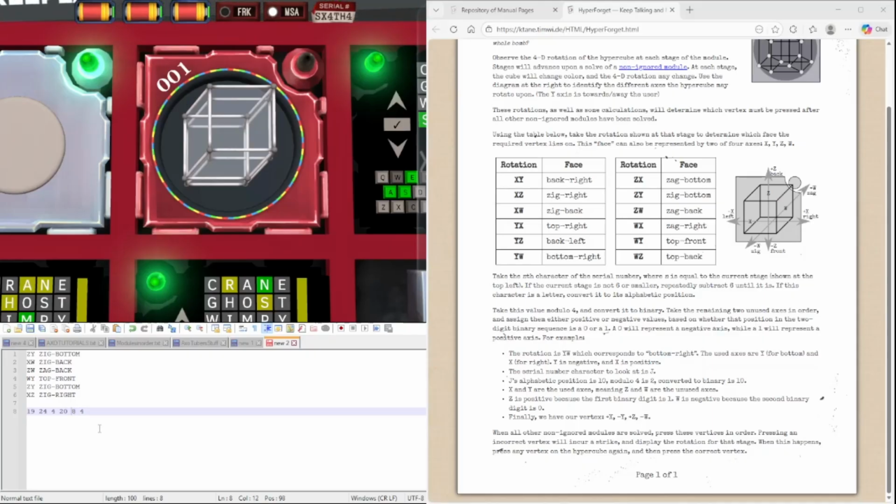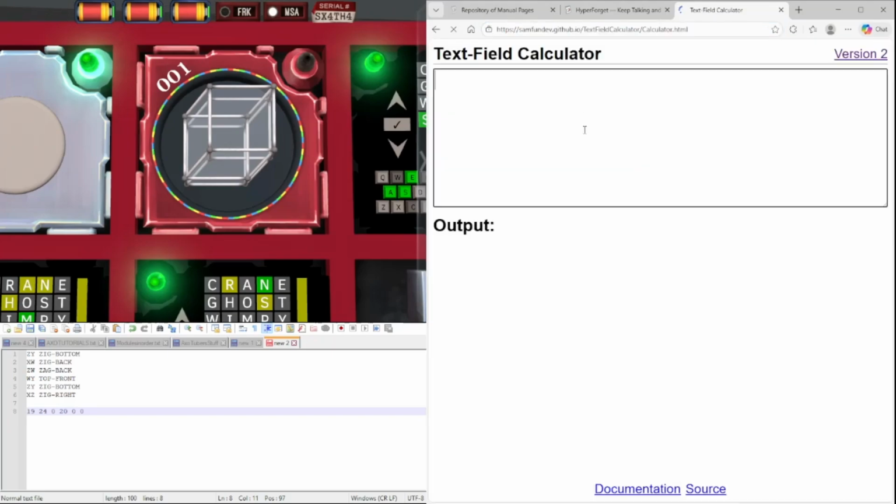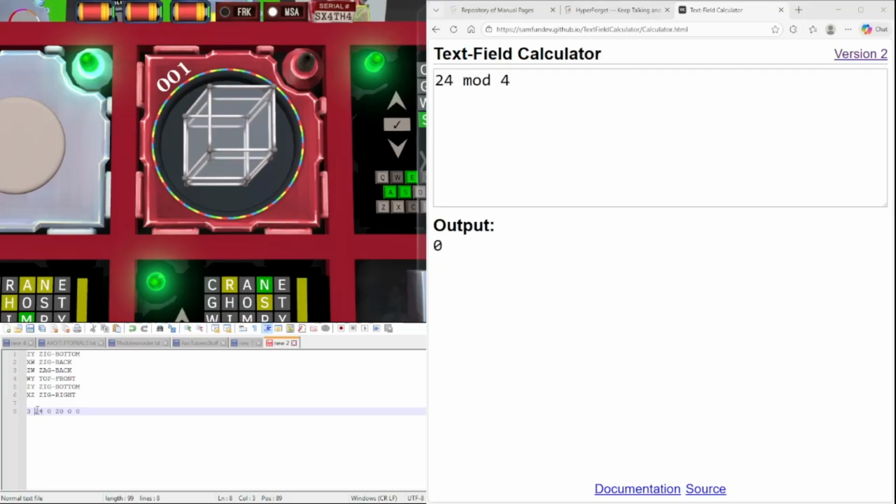Take this value modulo 4. That's 0. That's 0. That's 0. I think it's everything but the 19 mod 4 is 3. 24 mod 4 is 0. And 20 mod 4 is 0.